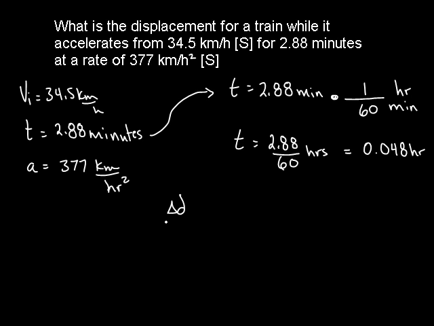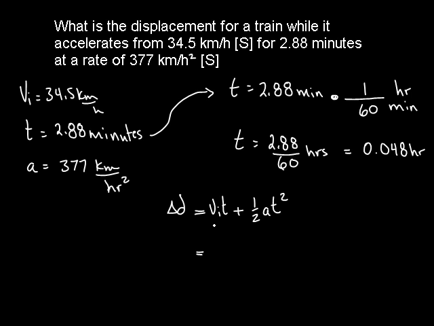Delta d, so that's our displacement, a change in position, is equal to vi t plus 1/2 a t squared. That may look like a big formula and intimidating, but it's really not all that bad, and I'll try to break it down afterwards. But let's just plug in what we've got.